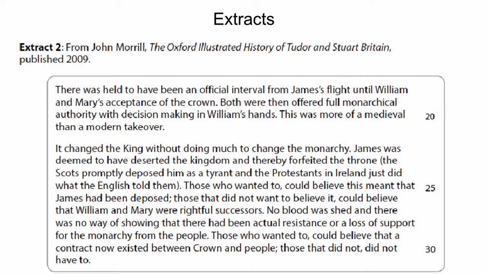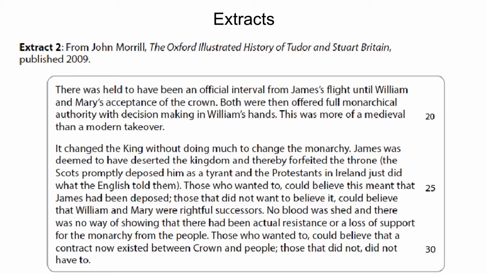So extract 2 is from John Morrill, and this is a counter view to that. It's not completely the polar opposite, but it really just says that the monarch still held significant power.